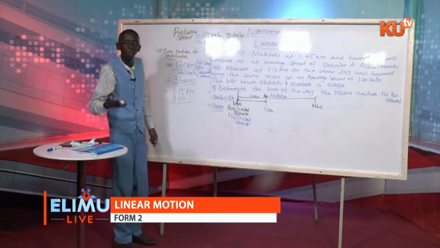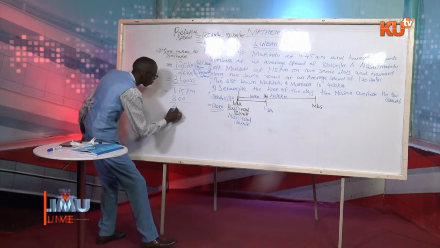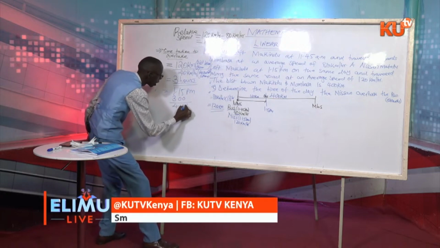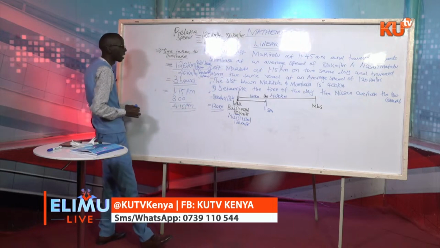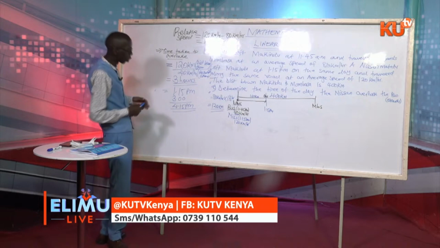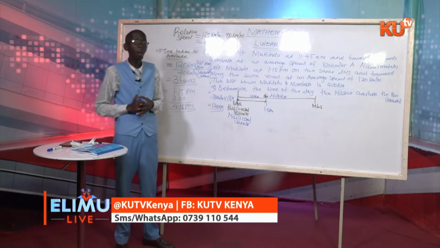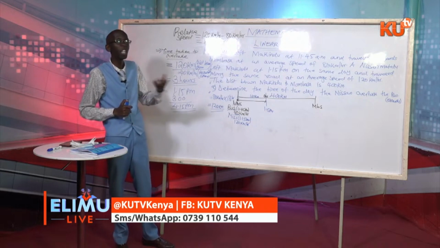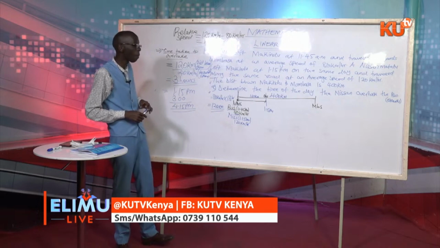So at what time did it overtake the bus? It overtook the bus at 4:15 p.m. And you conclude and say that the Nissan overtook the bus at 4:15 p.m. or 16:15 hours in 24-hour system.